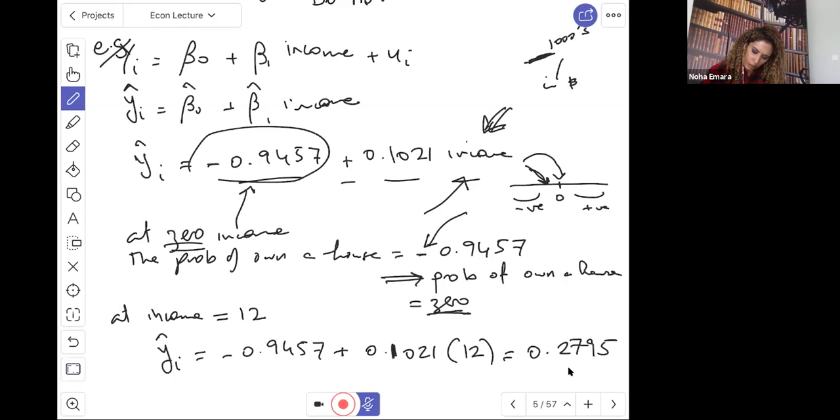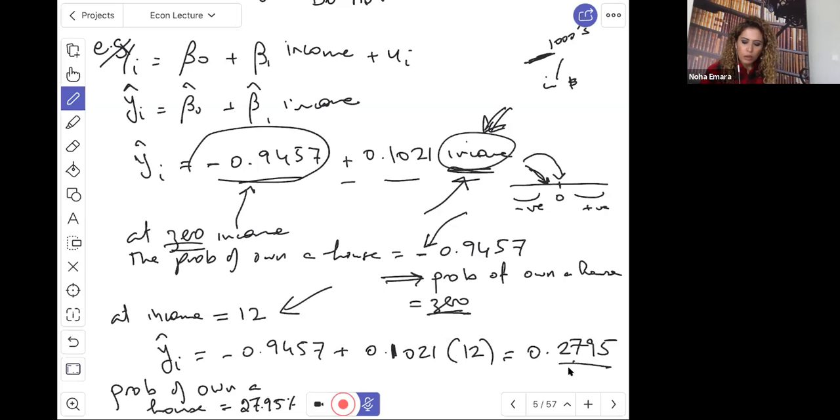And this would imply that the probability of owning a house is equal to, you just multiply this times 100 and you add the symbol for percentages, 27.95%. So if the income of the family is 12,000 a year, the probability of owning a house is equal to 27.95%.